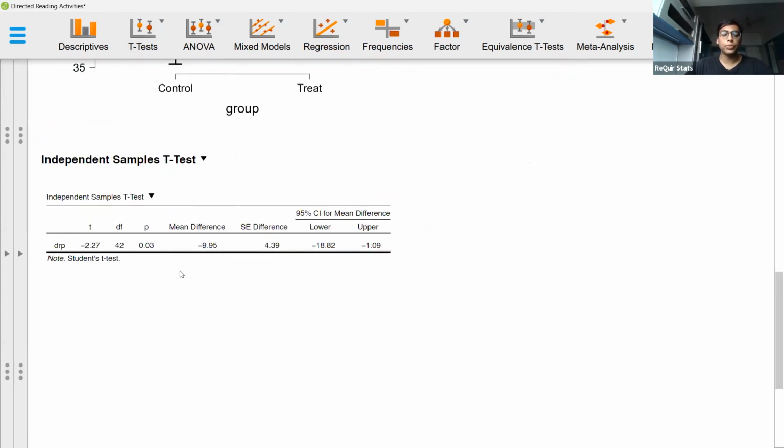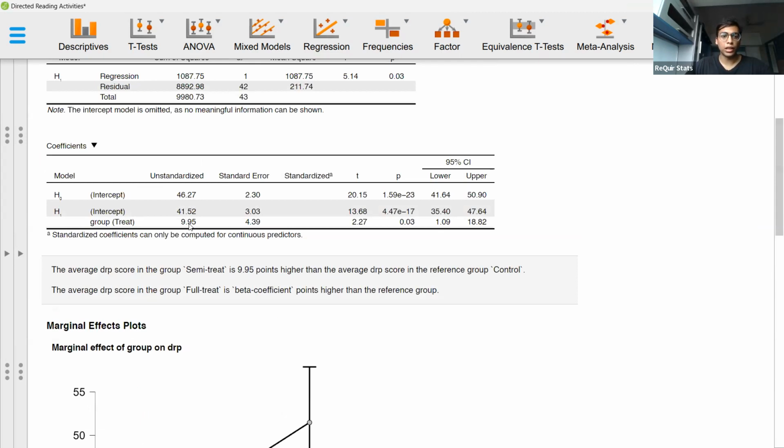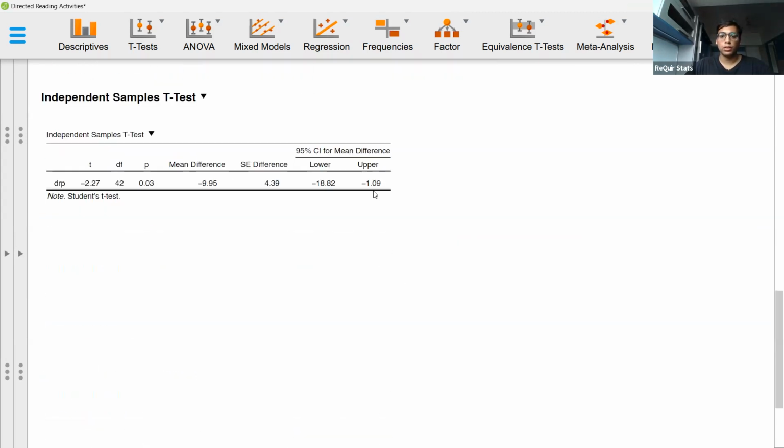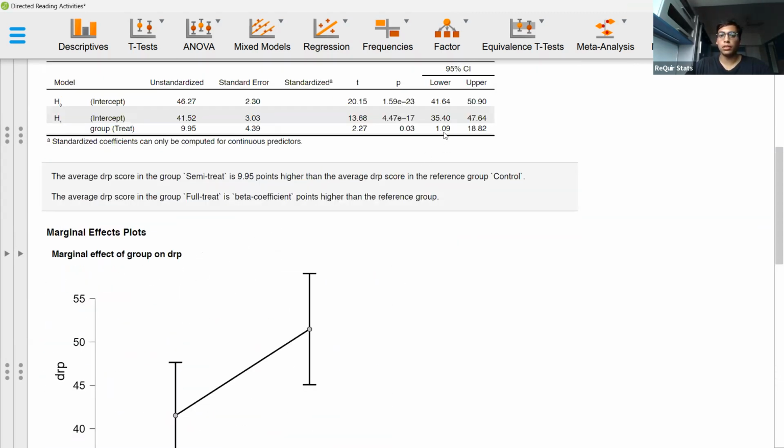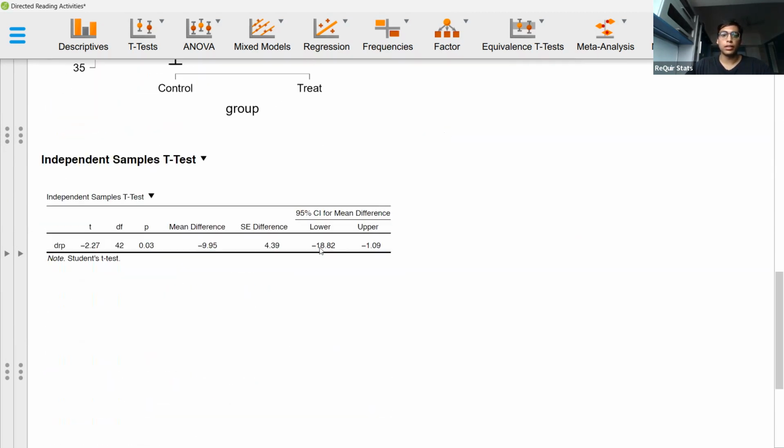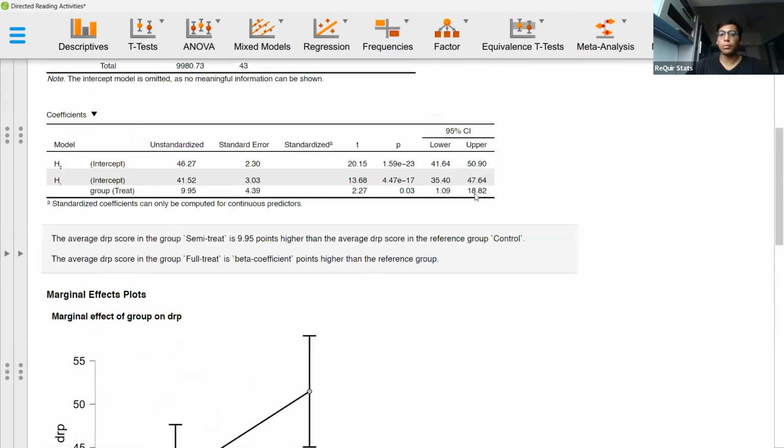If you see, this is exactly the same. Just take the modulus of this, because the software sometimes changes the group order. So 9.95, 9.95, 1.09, 1.09, and 18.82, 18.82.